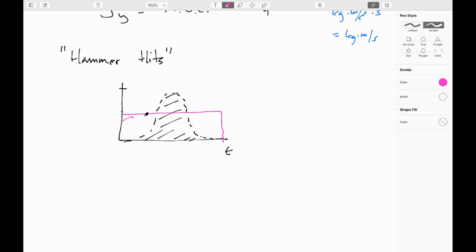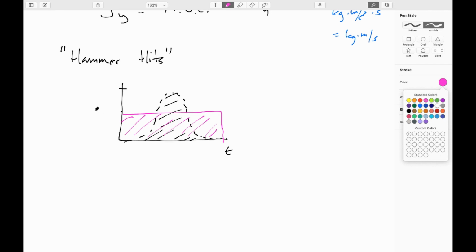So if we can find the value where the black and the pink areas are equal, the constant force that does that for us is the average force.